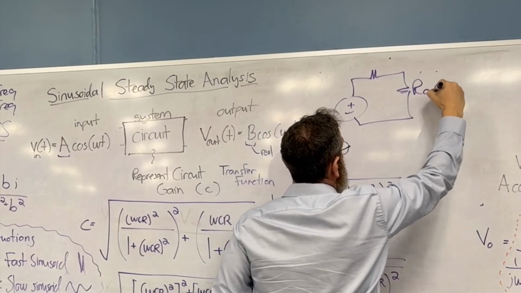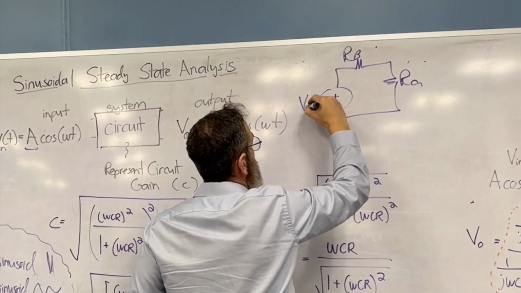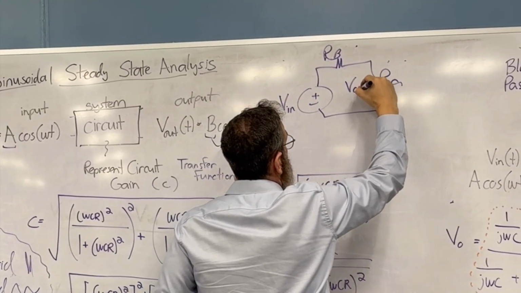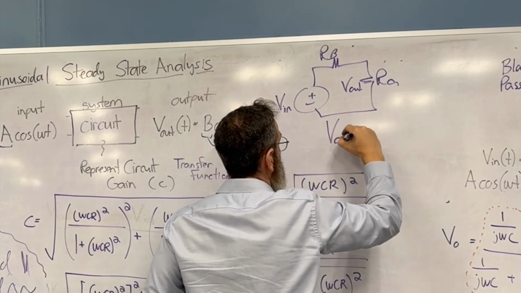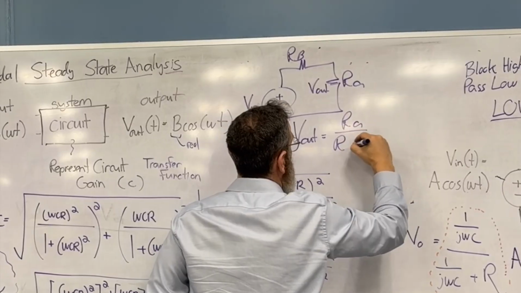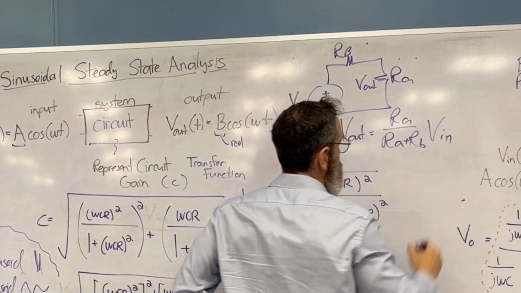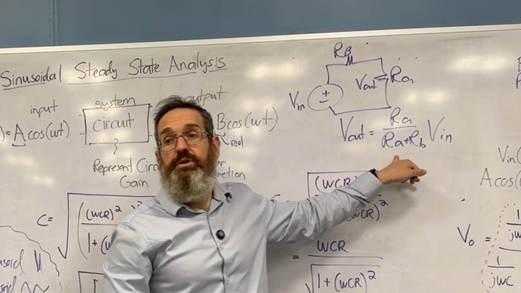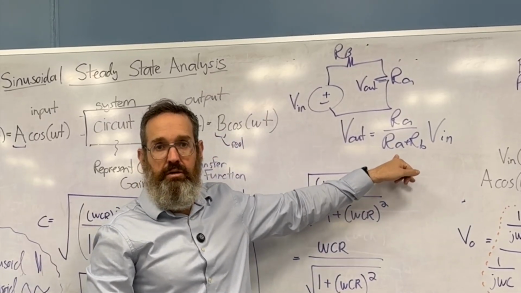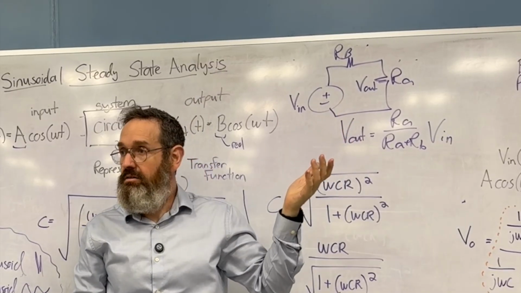Call it RA this time, RB, Vin, Vout. Vout is equal to RA over RA plus RB times Vin. There's no W here. That's the difference. We never noticed it before because we didn't care.